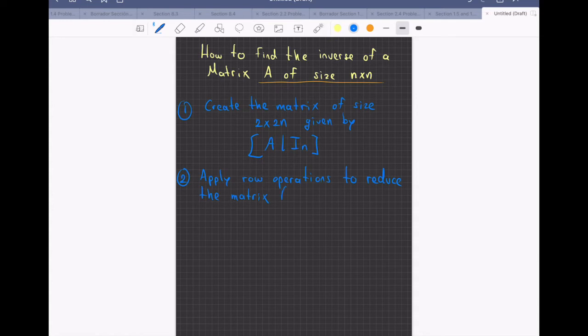I mean, this is essentially the method of Gauss-Jordan. The same operations we learned there is what you have to apply here.